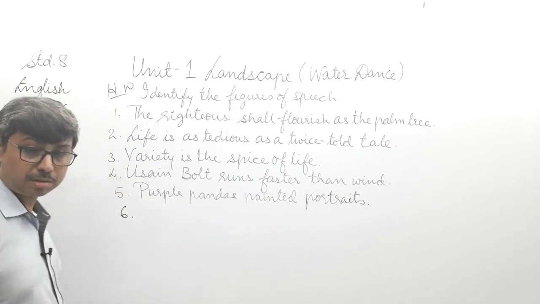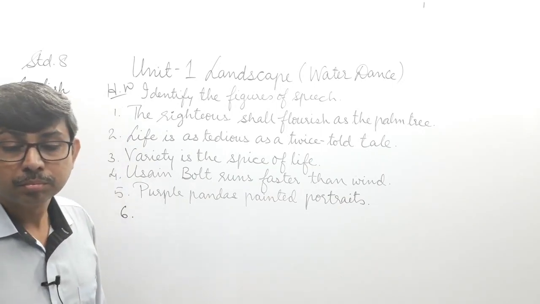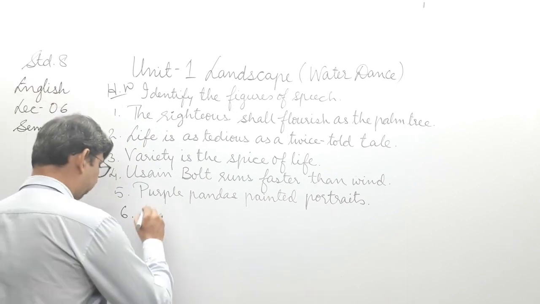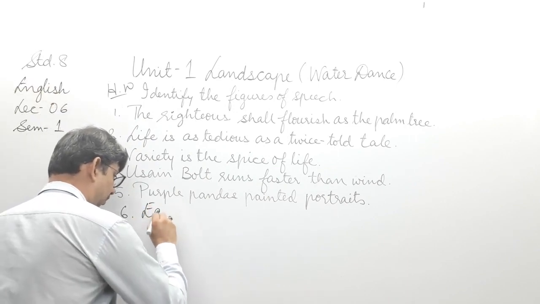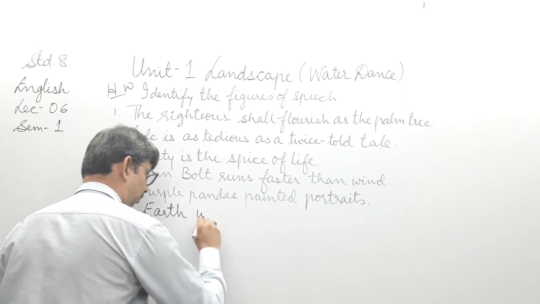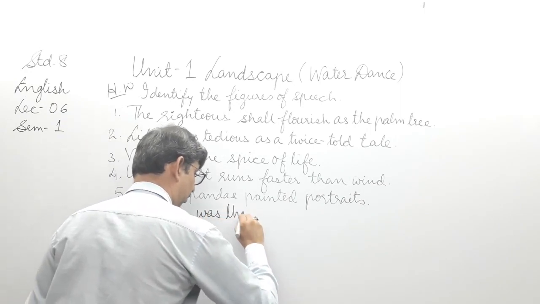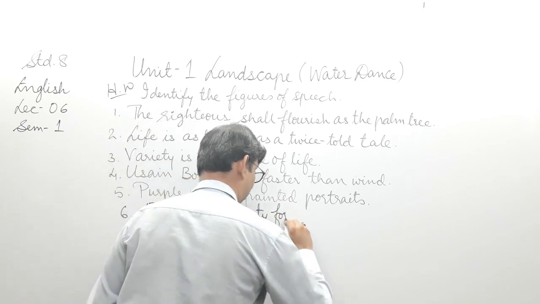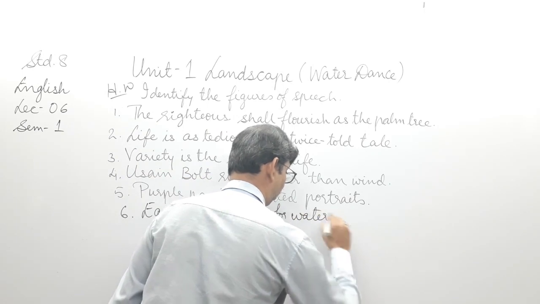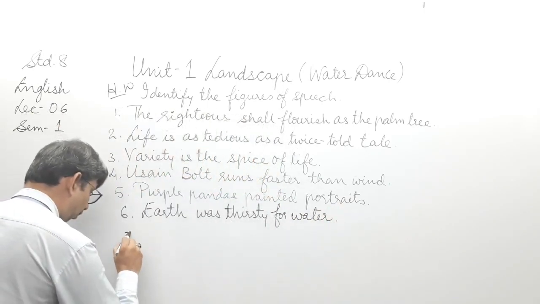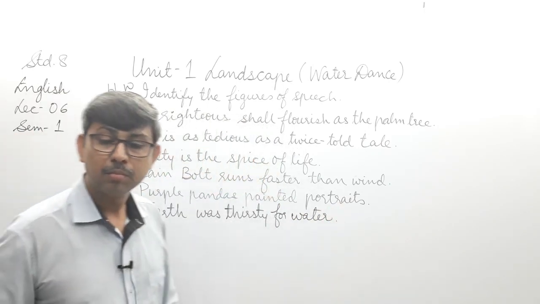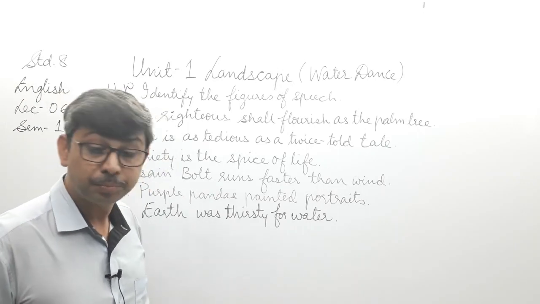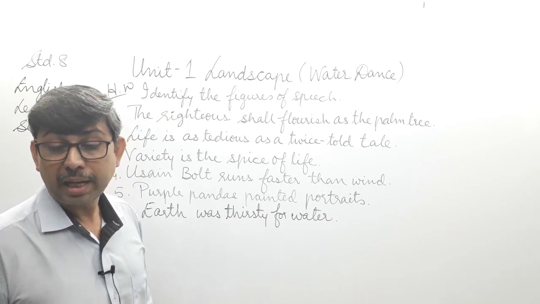The sixth sentence, earth was thirsty for water. Next one, number 7, it has been ages that I had a proper meal.